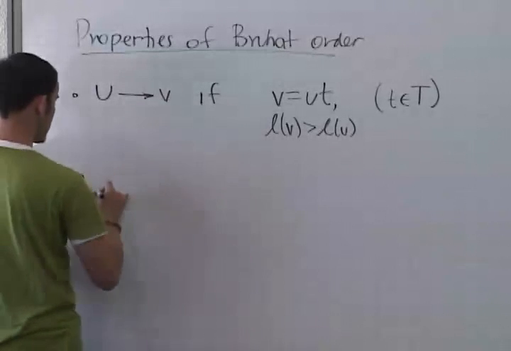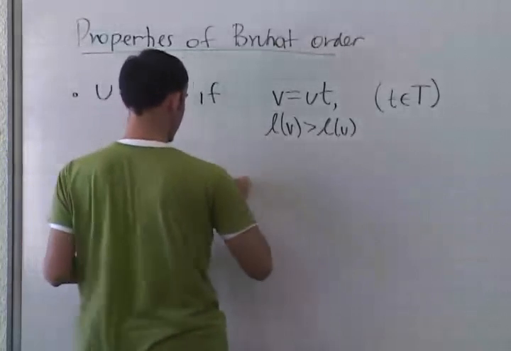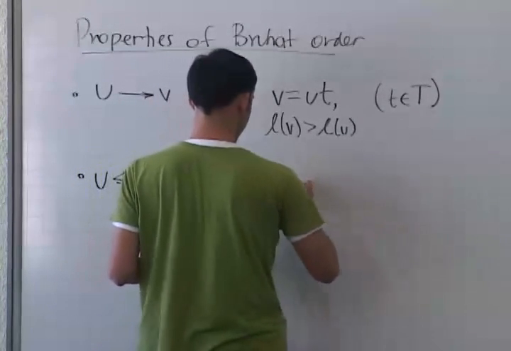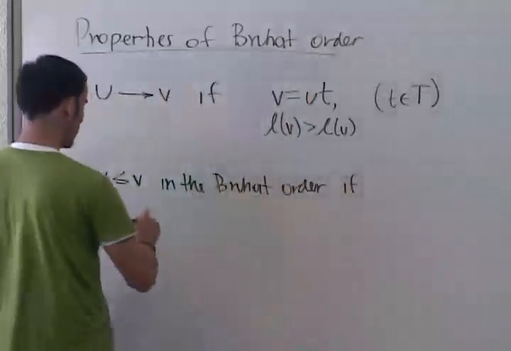And then I said u is less than v in the Bruhat order if there is a path in the Bruhat graph.